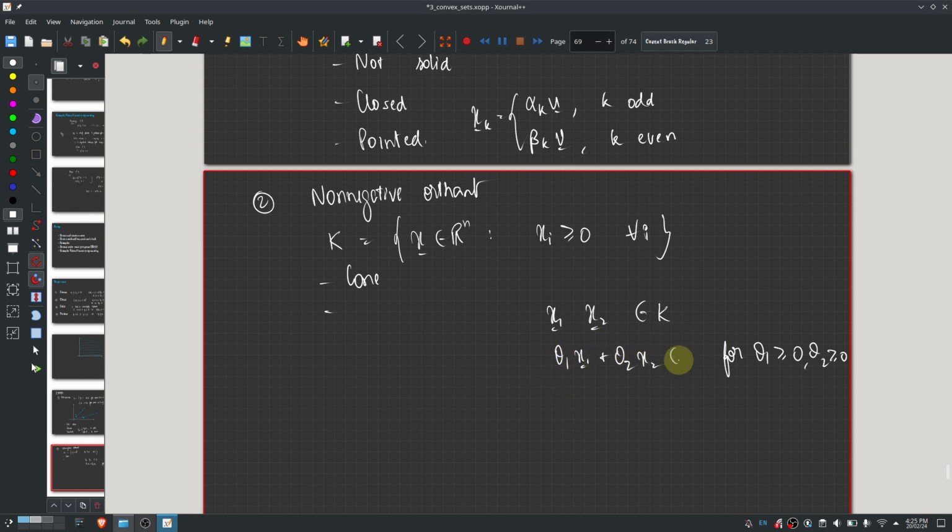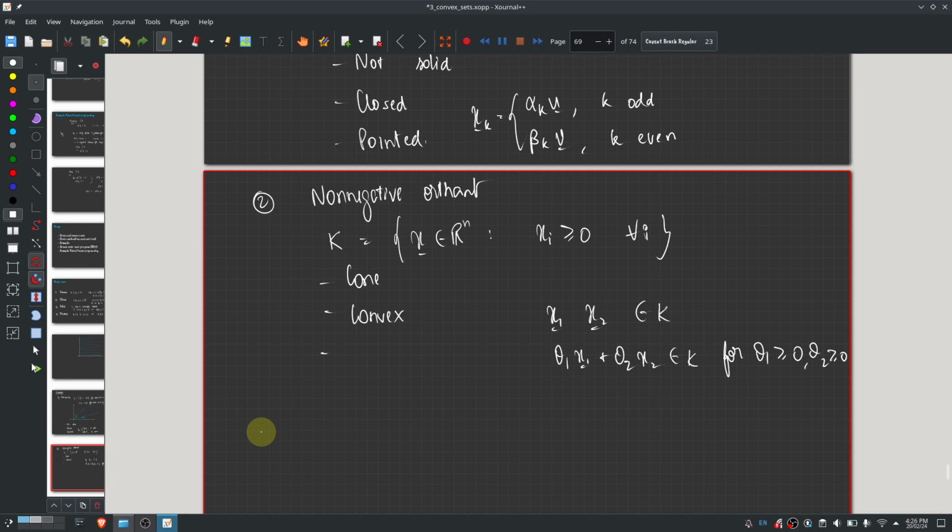So this will also belong to K. So this is in fact convex. Again, the picture to keep in mind is the first quadrant.